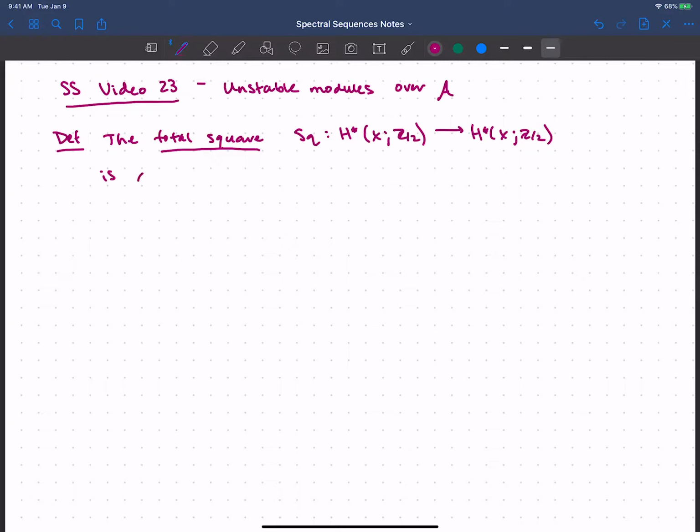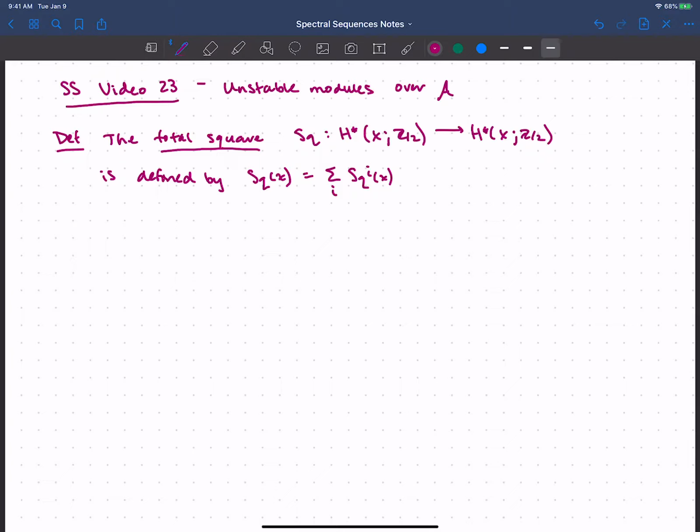So this is defined by, if I want to evaluate it on some cohomology class x, then I'm just going to take the sum over all i of Sq^i of x.